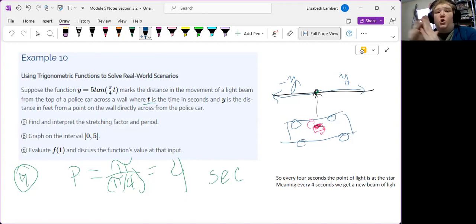So it's like telling us, where does this point go? So our 0 for y is going to be at that point directly across. And then as the time goes, the y gets big, big, big, shoots off, comes back, small, small, small.